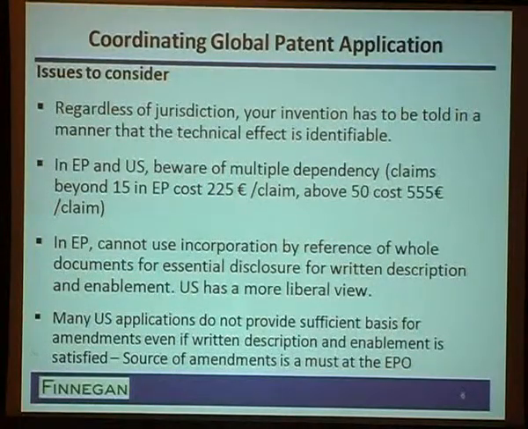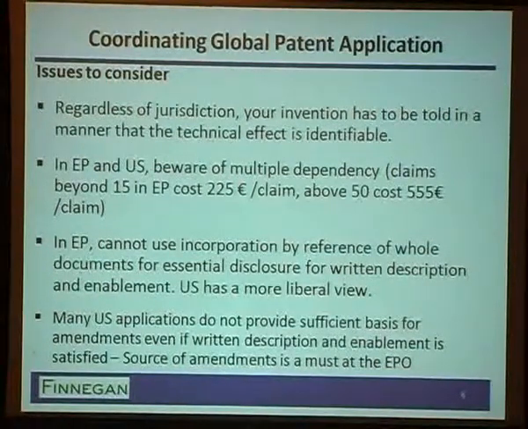Whereas in Europe, every time you amend your claim, you have to find basis in your specification. So your specification is extremely important, and you have to plan very well at the time of entering the pre-phase, or in fact at the time of drafting, that you put in extra embodiments to cover all possible amendments you would want to make in the near future.